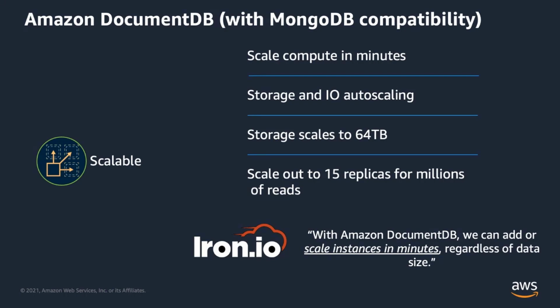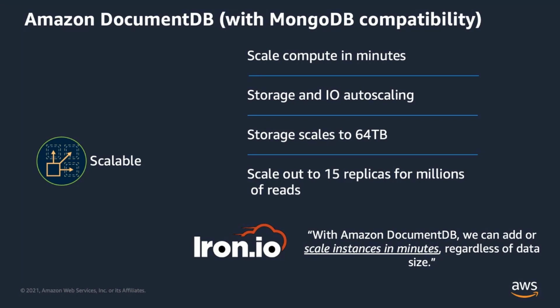Also, when it comes to storage and I/O, they auto-scale for you, right? They scale from 10 gigabytes all the way up to 64 terabytes, and our customers like you do not have to worry about provisioning EBS volumes or scaling on-prem storage area networks, or worrying about expensive SSDs and so on.